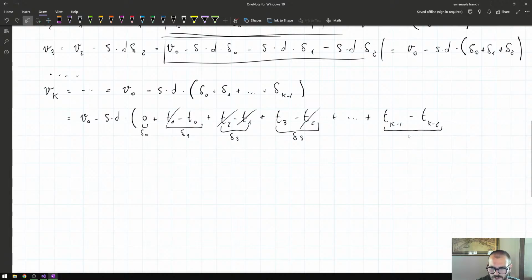Bad choice of indices, by the way. Here we know that this thing cancels out. Everything will be cancelled out by the next one.